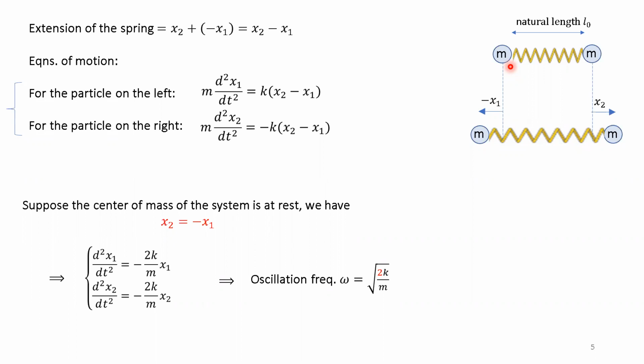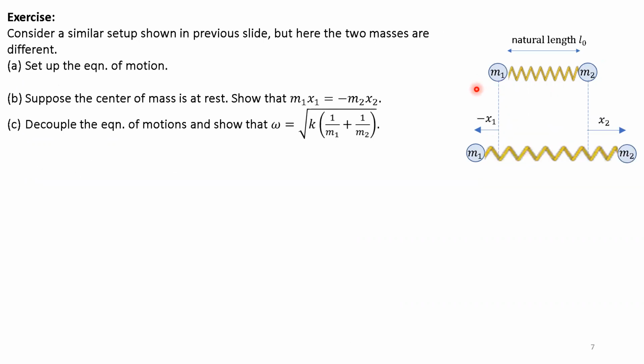And today I want to start with an exercise problem. I want you to spend a couple of minutes on an exercise problem which is very much similar to what I talked to you about last time. The slight difference here is that instead of having two particles with the same mass, here I have M1 and M2, so I allow them to have different masses.